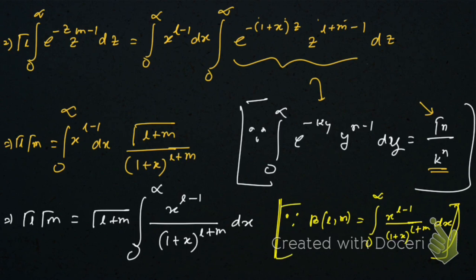Okay, so here in place of this thing we can write gamma l gamma m by gamma l plus m. Here replace this by this result, then here you can write beta of l comma m, right? So this is the result we have got. So now let me copy this, let me go to the next slide, so continue from here.